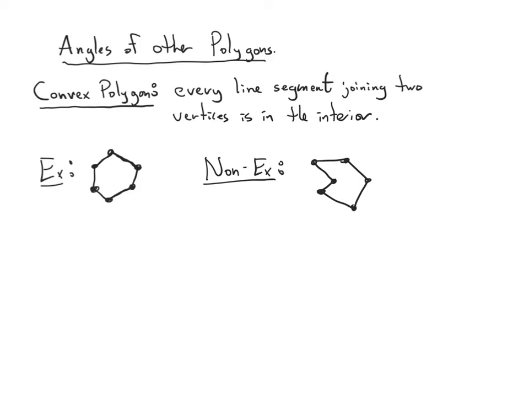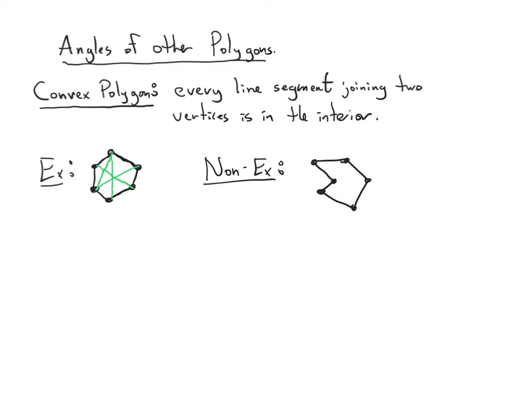Here is a convex polygon here, and you can see that any line segment that I draw joining two vertices, here's one here, lies in the interior. And this happens for every single pair of vertices that I connect. You can see that I'll just do them all, why not?